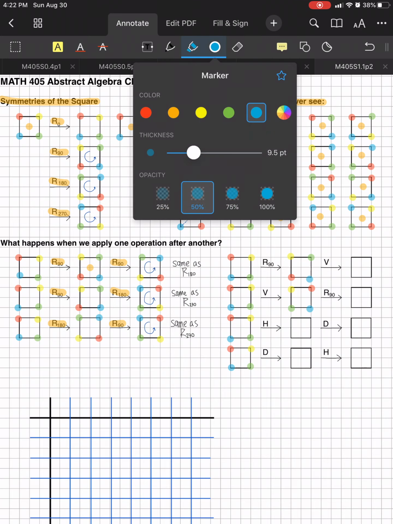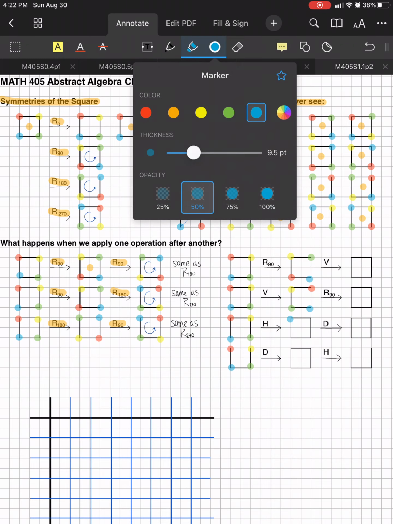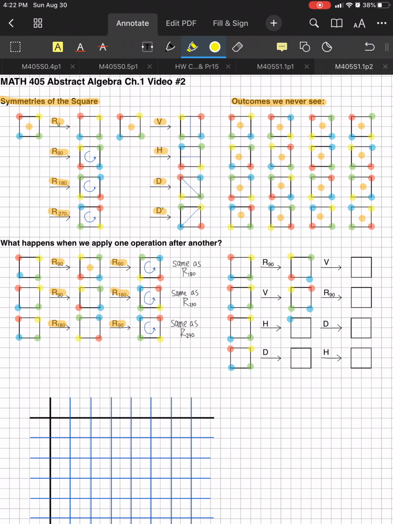A horizontal flip puts blue in the upper left, yellow in the lower right, green in the upper right, and pink in the lower left.